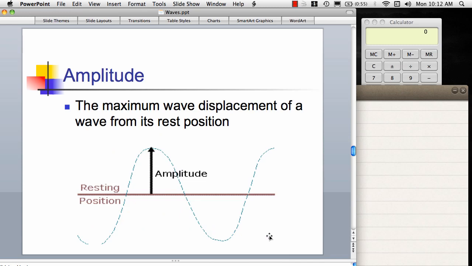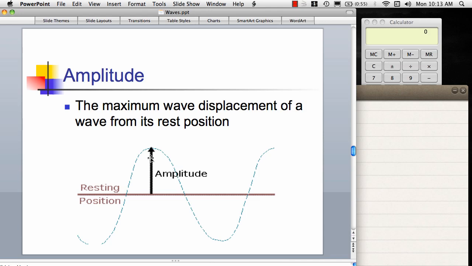Amplitude. Amplitude is the distance from the rest position to the crest, or the distance from the rest position down here to the trough, depending on where you measure. But these should be the same. This distance here from the rest position to the trough should be exactly the same as from here, from the rest position to the crest.